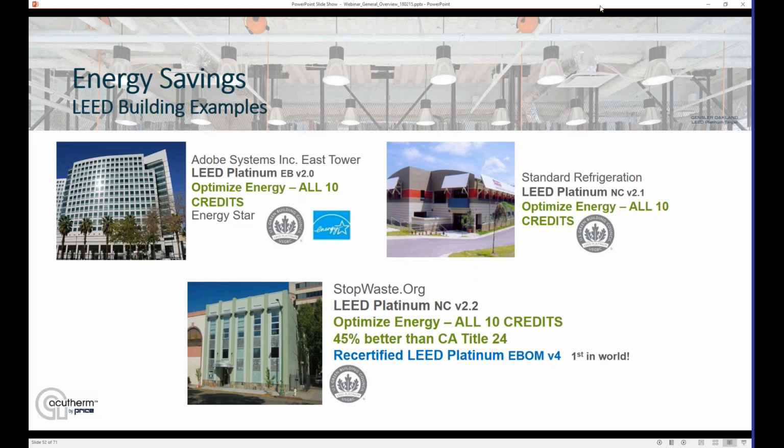Just to show that these aren't all theory and no practice, here's some actual projects using Therma-Fuser diffusers. Upper left there, Adobe Systems, over 800 diffusers throughout that office tower.